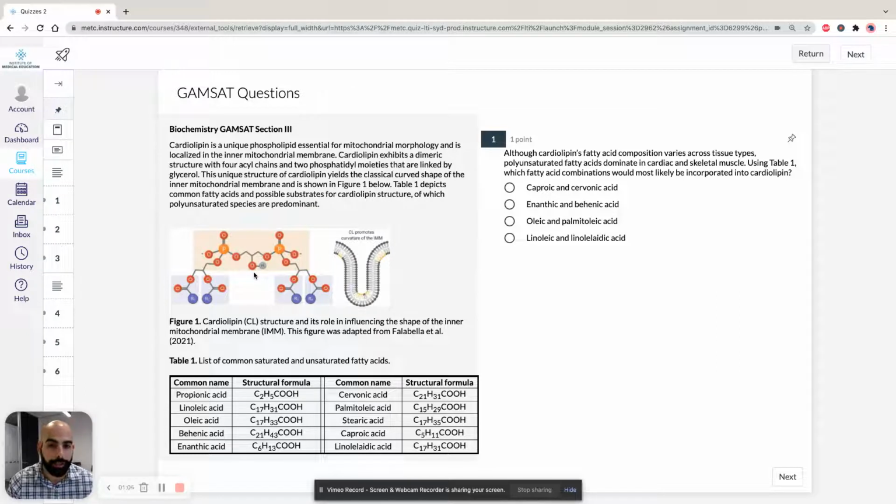Another important factor we're told is that cardiolipin prefers polyunsaturated fatty acid species as the acyl subspecies that's joined to it. So keep that in mind because we're also given a table here at the bottom with common saturated and unsaturated fatty acids with the common name and the structural formula.